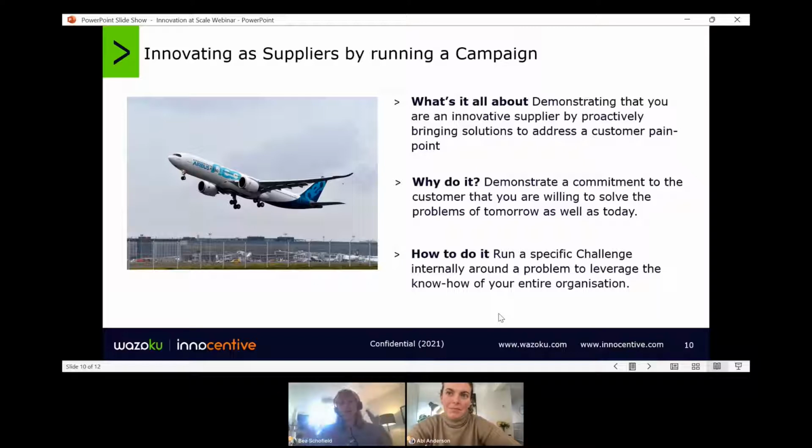So what the customer did in that sense was, again, responding to their biggest contract, they wanted to run a challenge to source innovative solutions around the recovery of this particular airport.